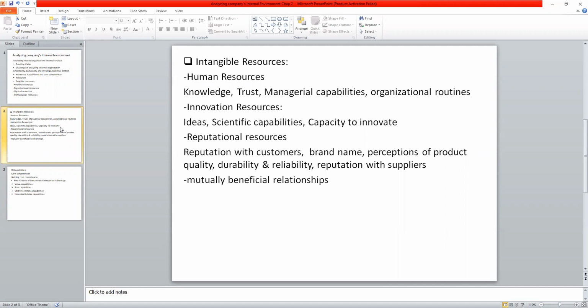In the global context, the success of any organization is due to its intellectual and system capabilities as compared to its physical resources or assets.